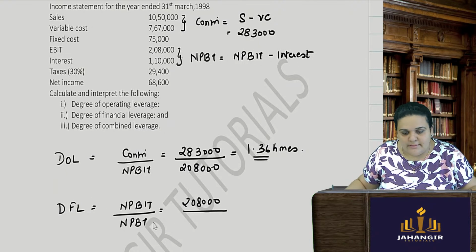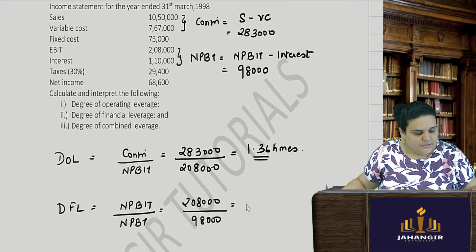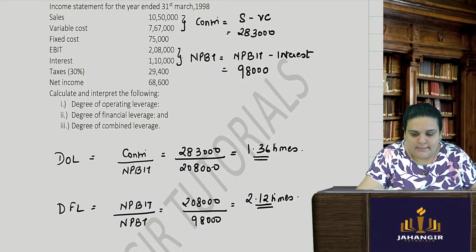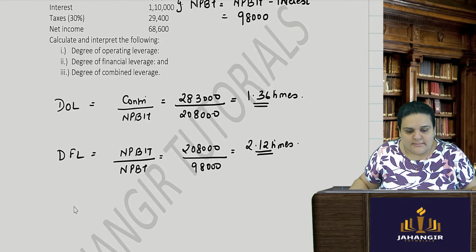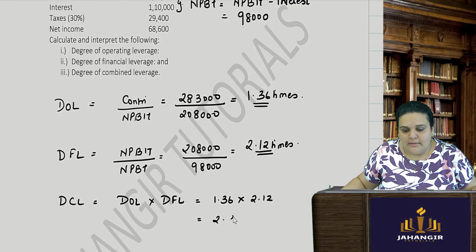So it is going to come as 98,000. Alright, so your degree of financial leverage is 2.12 times. And last, they are asking me degree of combined leverage, which is degree of operating leverage into degree of financial leverage. Simply 1.36 into 2.12, which is nothing but 2.88 times.